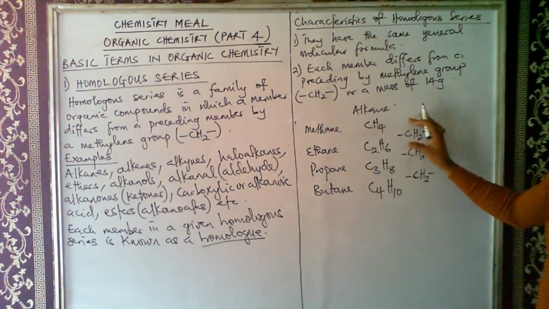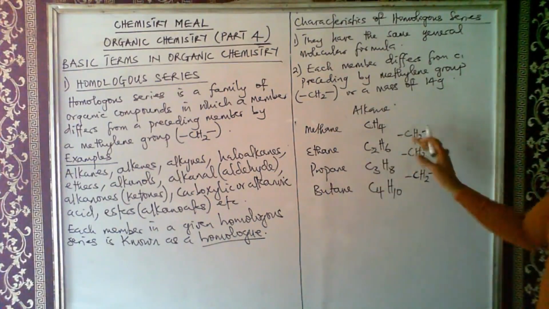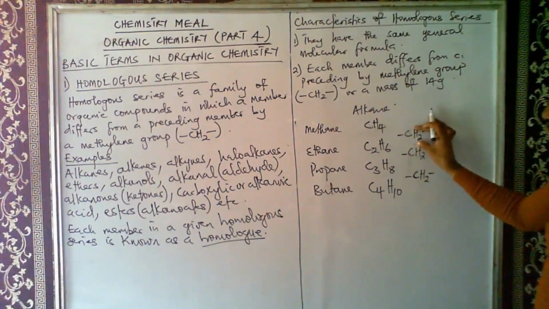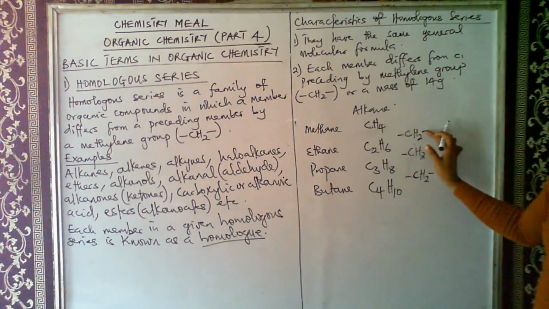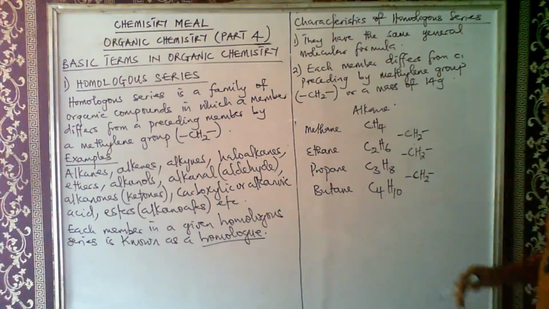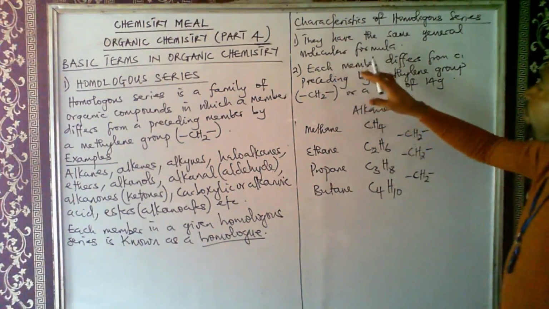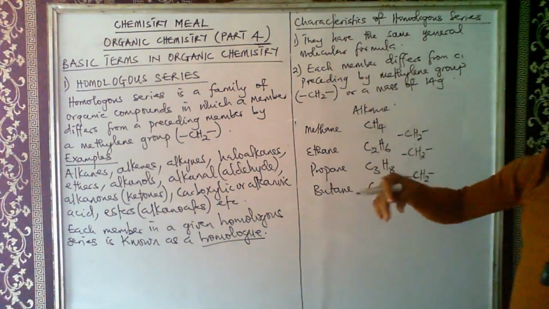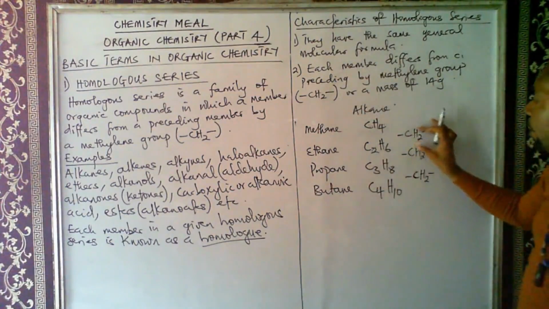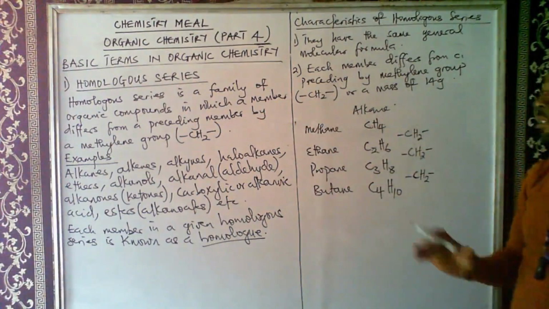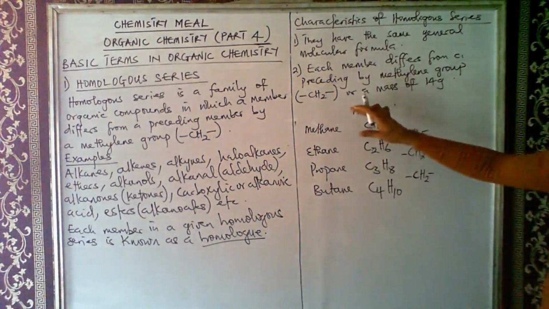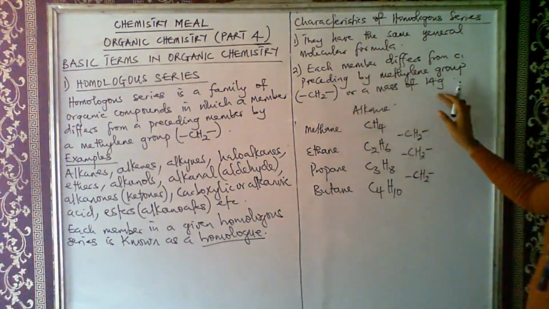In organic chemistry, carbon should have 4 bonds. Because of these 2 hydrogen, meaning 2 bonds, we need to put this to show the extra 2 bonds this carbon is supposed to have, making it 4. So you discover that in a homologous series, a member differs from a successive member by a methylene group, explaining our definition.